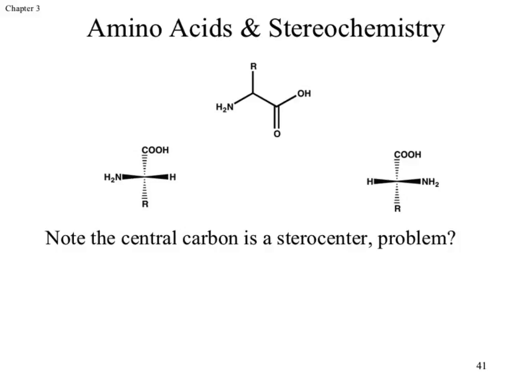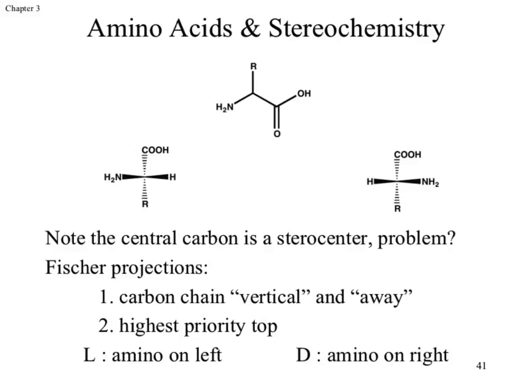Okay, so how do we convert that structure into these Fischer projections? What we've got down below are the Fischer projections. Notice there's wedges and dashes. And we said the whole reason biochemists liked Fischer is that there's no wedges and dashes, and yet we have wedges and dashes. Okay, so what's happening? Well, Fischer takes the carbon chain and organizes it on the vertical axis. Not only does he organize it on the vertical axis, he puts the highest priority carbon of that chain at the top.